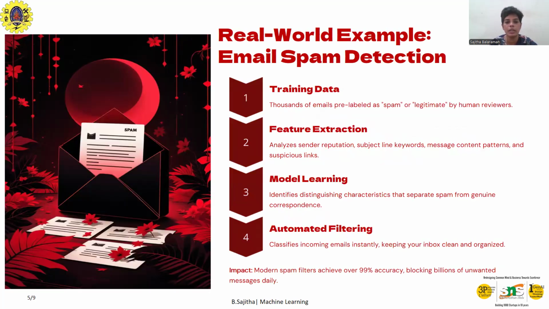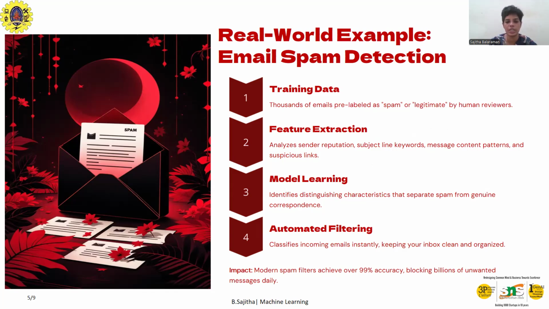And coming to a real-world example, email spam detection. So how does it work? First it trains on the data, then it extracts features, then the model learns, and then automated filtering is done. Coming to the training data, thousands of emails pre-labeled as spam or legitimate by human reviewers.